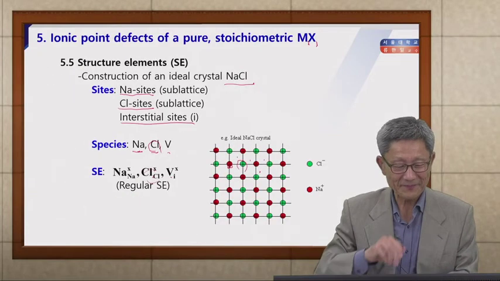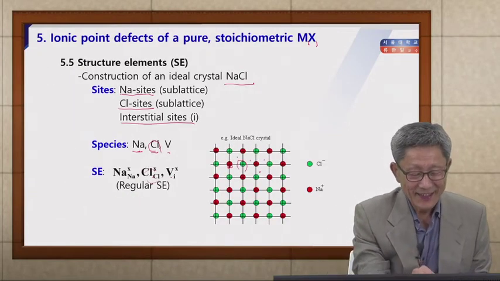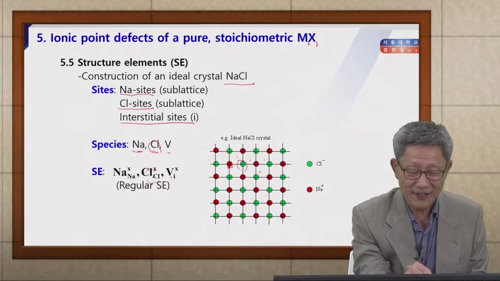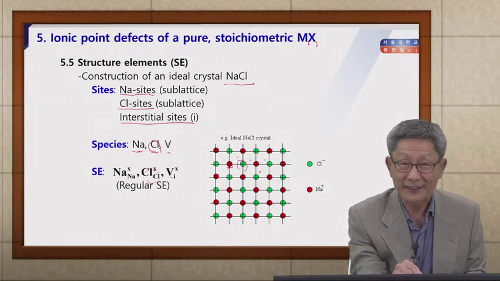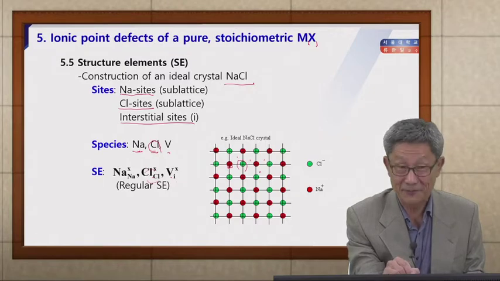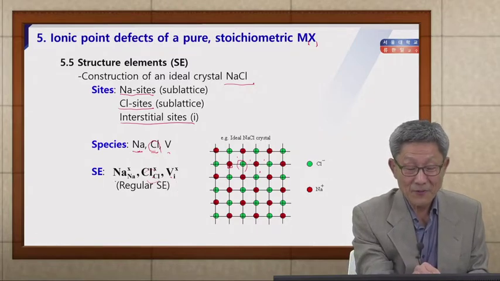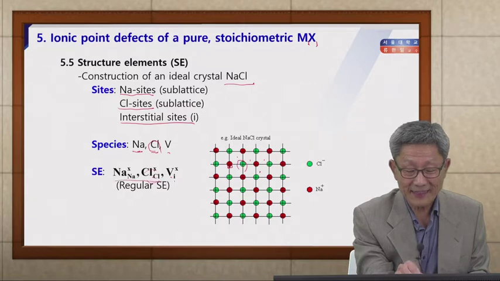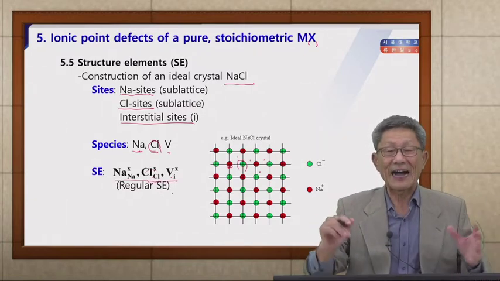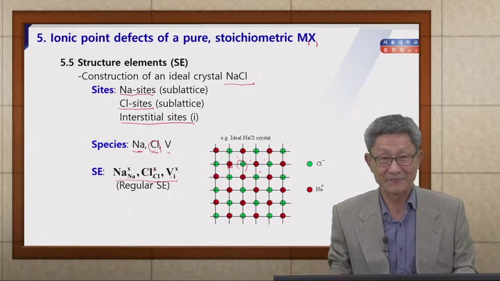Oh, sorry, I made a mistake. You see, sodium on a sodium site has the neutral charge. Chlorine on a chlorine site, neutral. And the vacancy on an interstitial site has the neutral charge, effectively. So once you are given these three things, namely three structure elements, you can construct the ideal crystal sodium chloride.